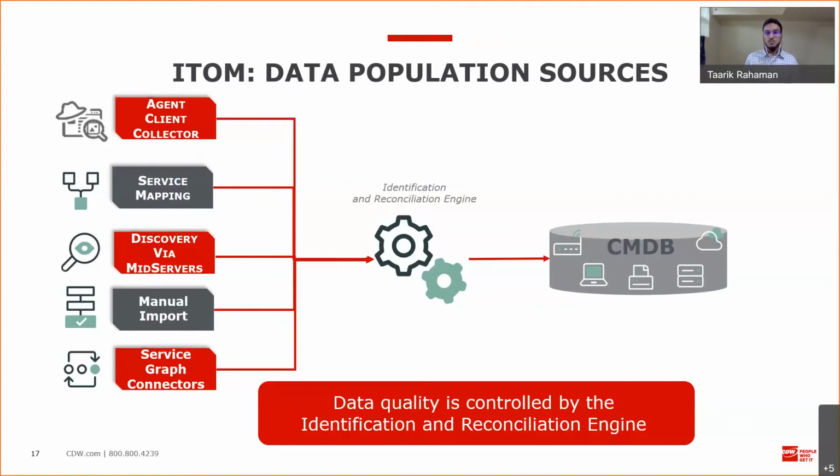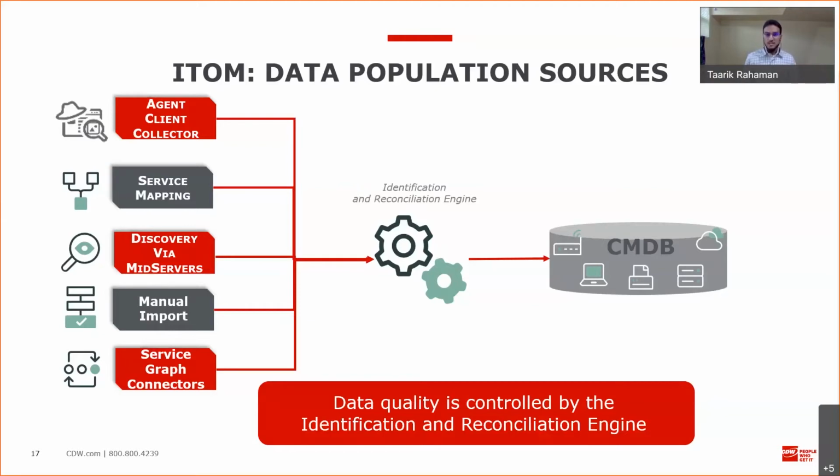Recently, we've been working on a customer project where Intune and Kaseya data were imported alongside discovery data. This is an interesting use case, right? Regarding Kaseya, the customer chose to see Kaseya data as more reliable than discovery data. That was just their organizational decision to trust Kaseya more than discovery.